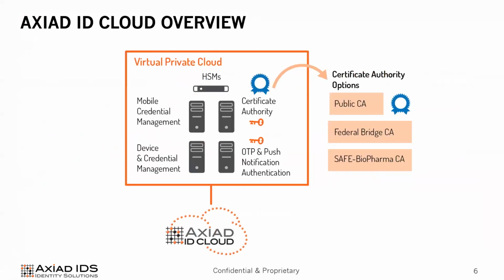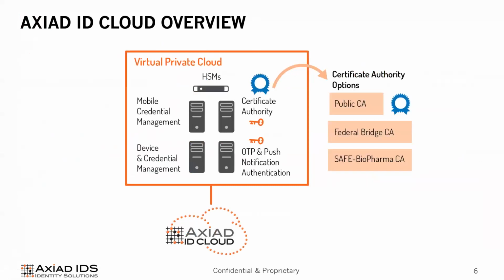And we have our device and credential management that will allow you to manage the full life cycle of certificates on hardware devices such as YubiKey tokens, smart cards, USB tokens, whatever your decision is on how to securely store your certificates, and of course our mobile credential management as well.